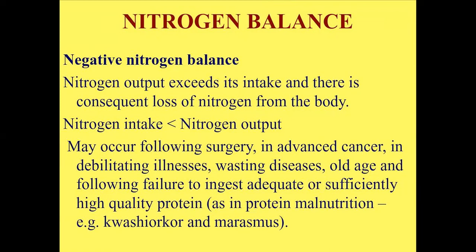This negative nitrogen balance can be seen following surgery, in advanced cancer, in debilitating illness, in wasting diseases in old age, and following failure to ingest sufficient high quality proteins. It is also seen in protein malnutrition like kwashiorkor and marasmus.